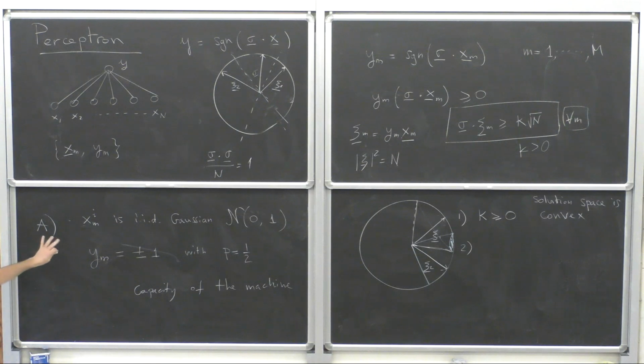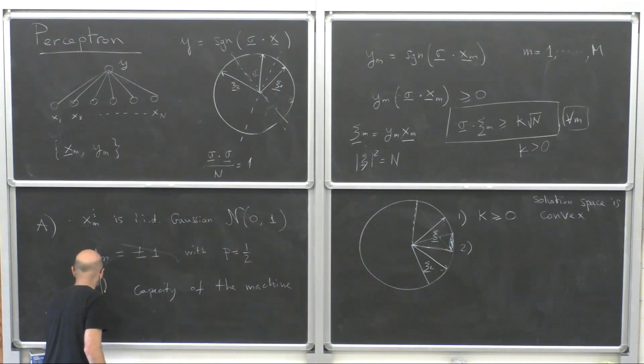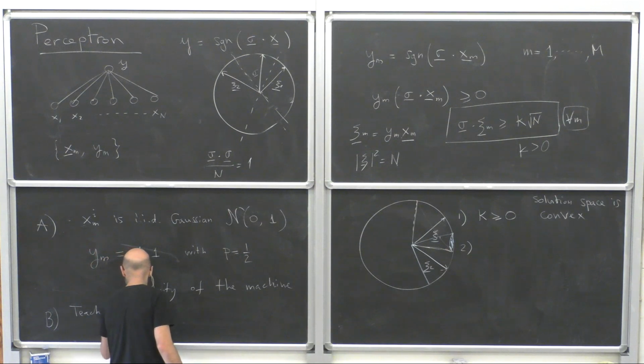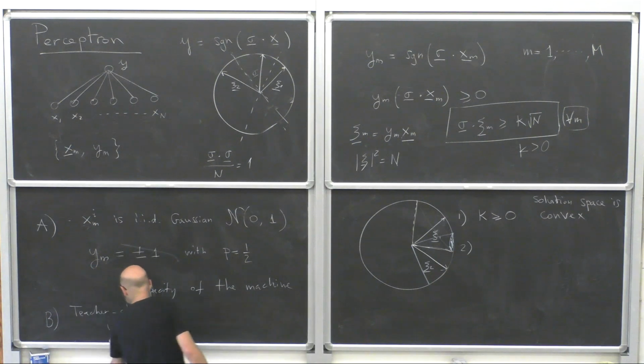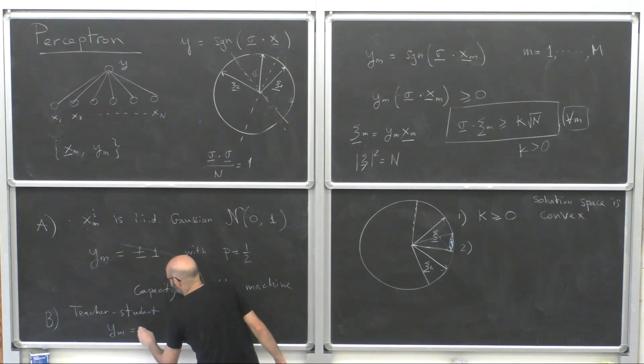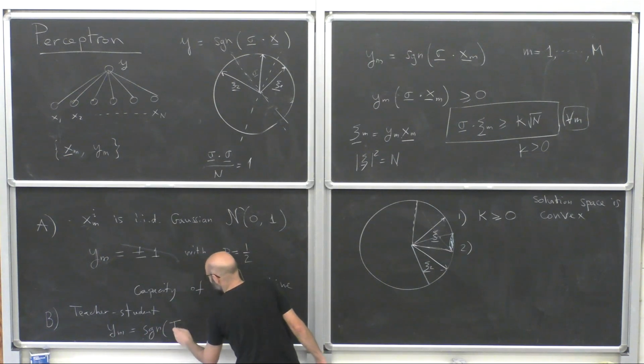Also, after you do this, you can generalize it to a slightly more interesting setting, which is called teacher-student, in which you still generate the X at random, so you take random inputs, but now the Y are not random, they are decided by a teacher.